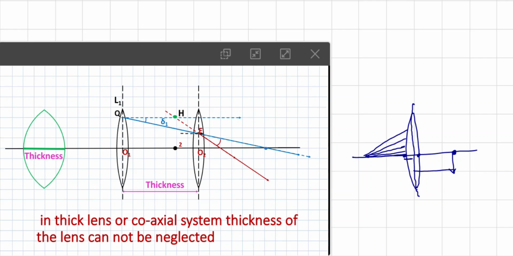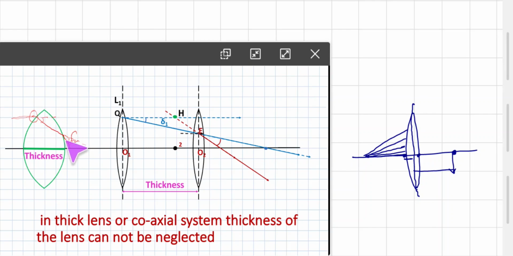But if we consider this kind of thick lens, then understand that when a ray is incident on the first surface, after that it refracts. Let us consider this is the first refraction, making a certain angle delta, and the second time, instead of going straight, it bends towards the normal, so this is delta 2.